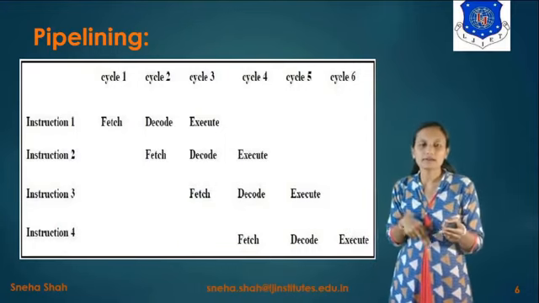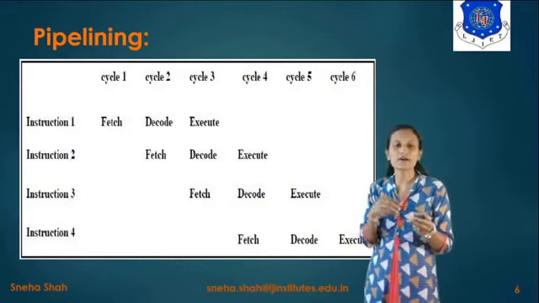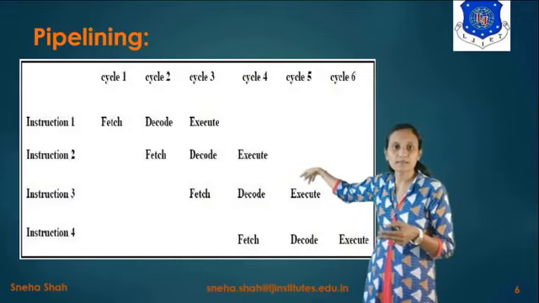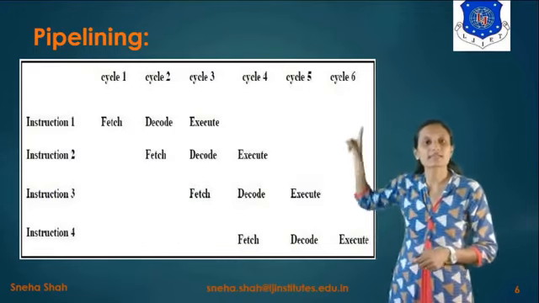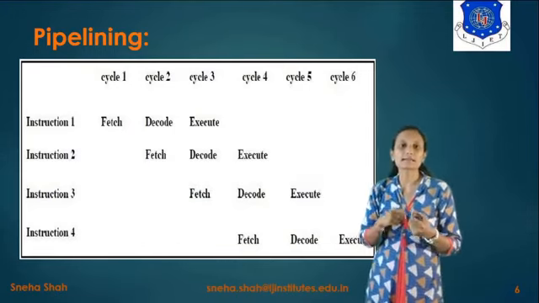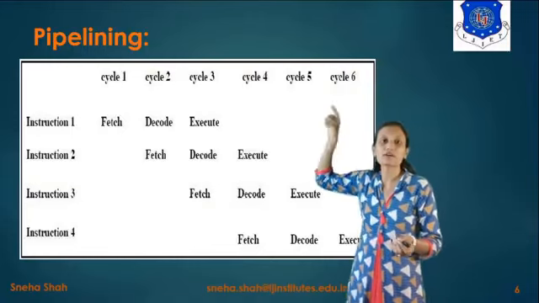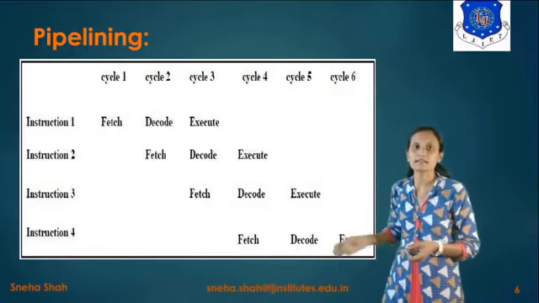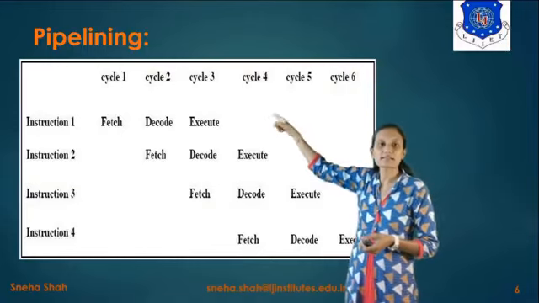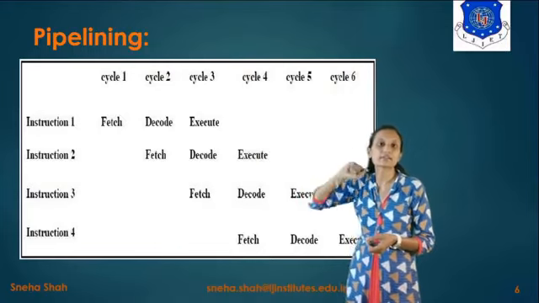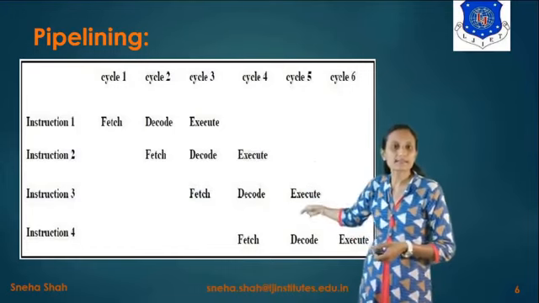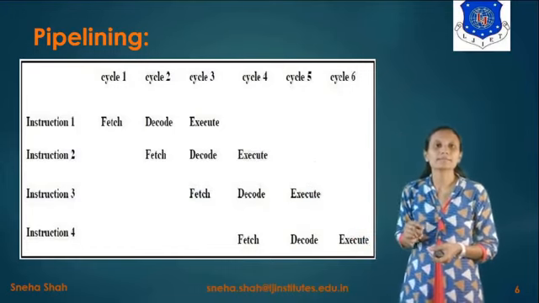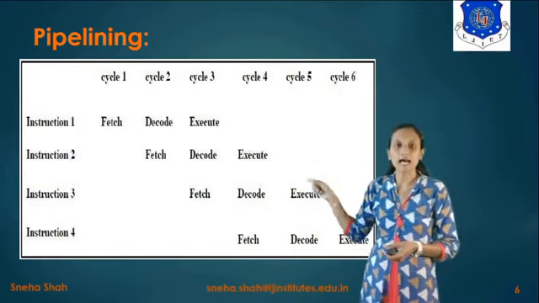Now if we are taking the next instruction, for that also the three steps will be there, but three other cycles will be used if there is no pipelining. But if we are using pipelining because of this parallel processing, then at the time of the first instruction's decoding, we can fetch the data for the second instruction. Likewise, we can do parallel processing because of this pipelining concept in the Harvard architecture.